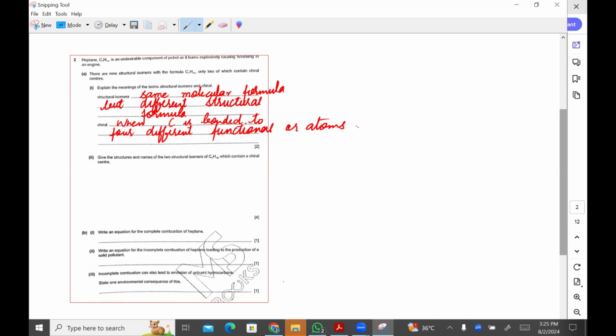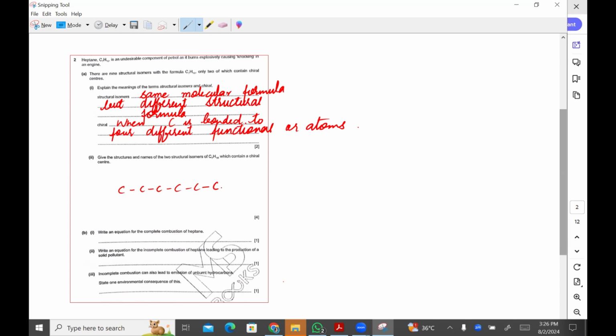So what could be two structural isomers? If you see how many carbons would be there in heptane, there are 7 carbons. So if we draw just 6 carbons like this, 1, 2, 3, 4, 5, now it's 6.